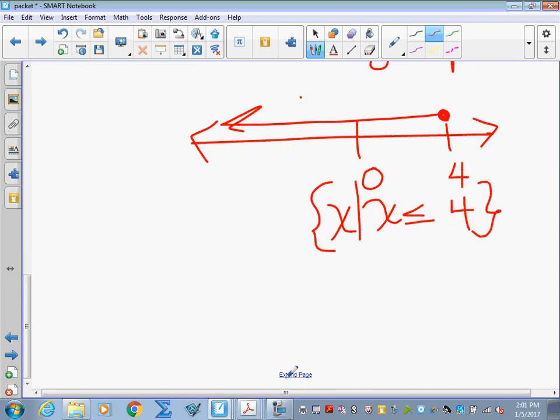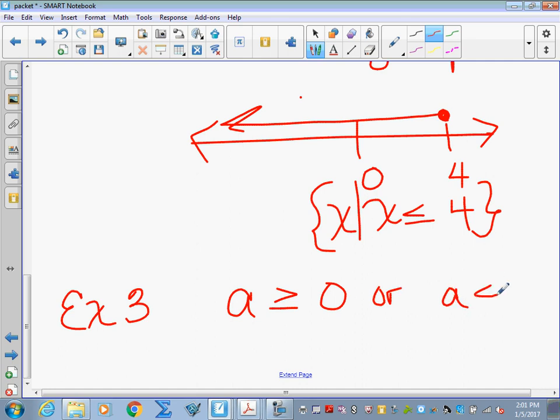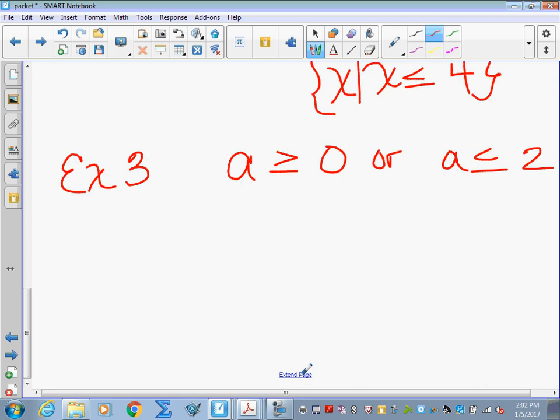Now, what if this happens? This is another case you could have. We'll call this example 3. a is greater than or equal to, let's say, 0, or a is less than or equal to 2, and obviously they're going in opposite directions this time. Let's just do a preliminary graph of both of them first, to see what it would look like.